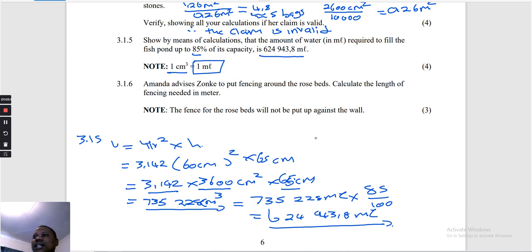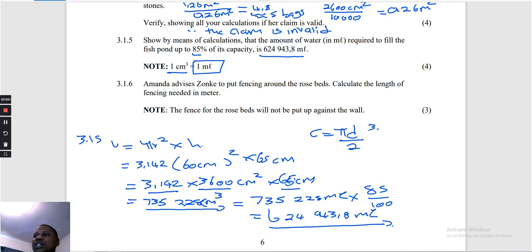They want that in meters, and we saw that the diameter, I'm just going to do it here because it's not going to be long, is 1 meter. So the circumference is equal to pi d. Because that is not a full circle, we divide it by 2.